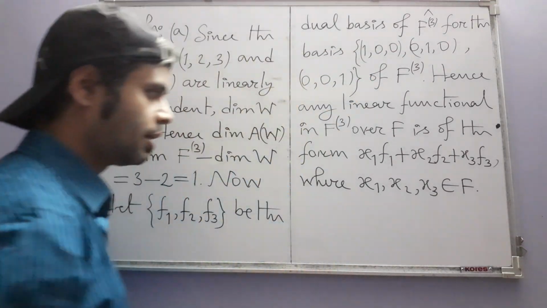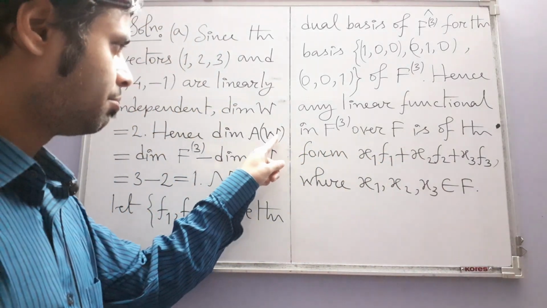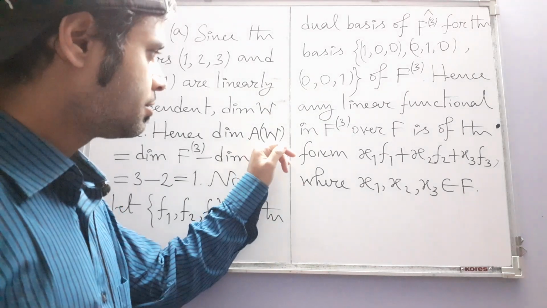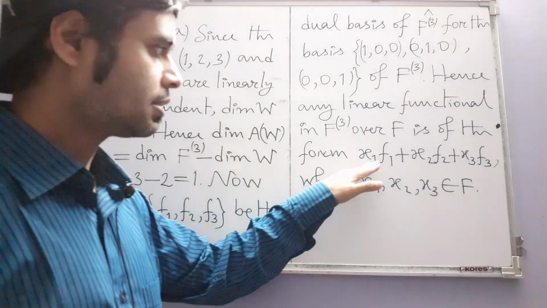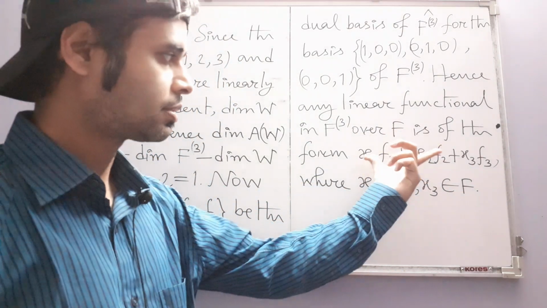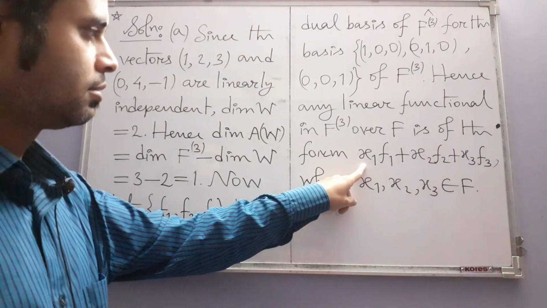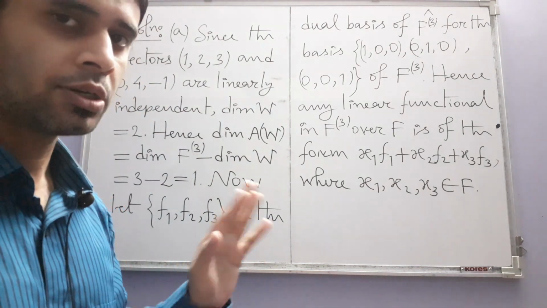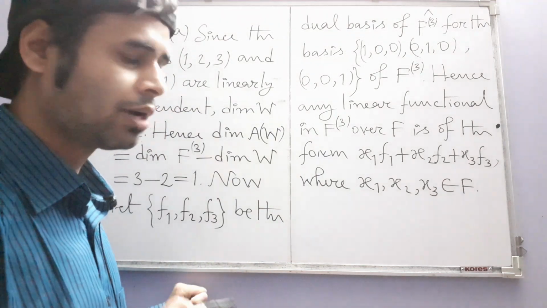Okay, now we want a linear functional that will make the entirety of W vanish. Since W is spanned by these two vectors, it's enough to consider only those linear functionals, that is functions which look like this entire sum, that make these two vectors vanish, because then automatically all the other vectors in W will vanish. Why?